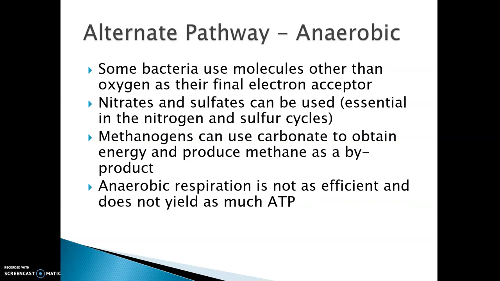For the most part, anaerobic respiration is not as efficient, and it does not create as much ATP as aerobic respiration would. But it kind of makes sense. I mean, our bodies are made up of billions and billions of cells, so of course we need lots and lots of ATP. Bacteria, they're just one cell. It's one single cell is the organism. So they don't need nearly as much ATP as our bodies do.